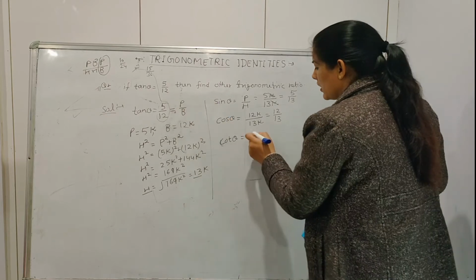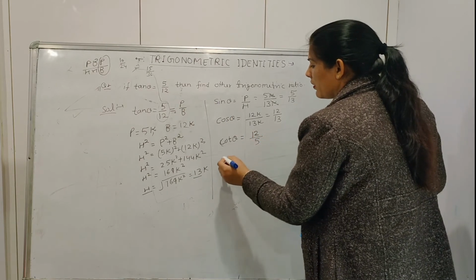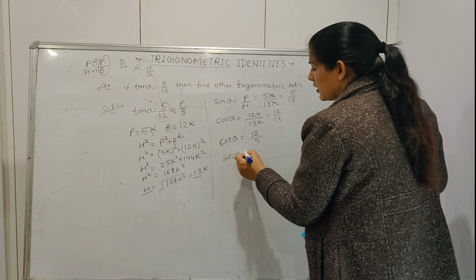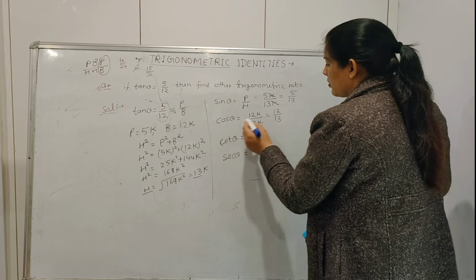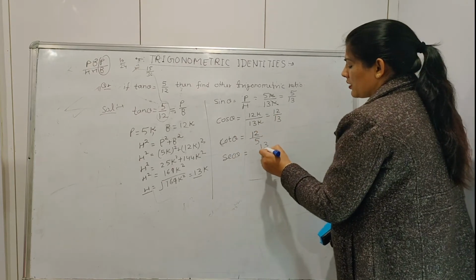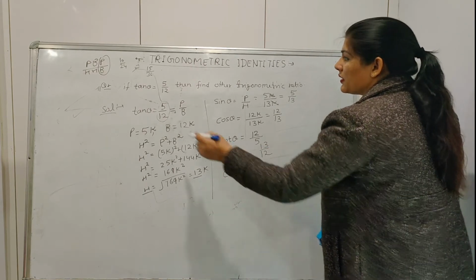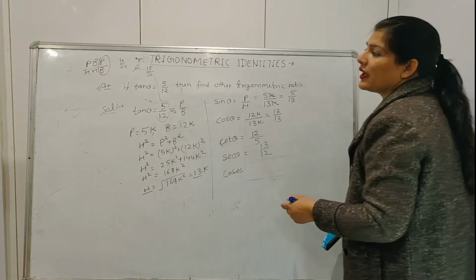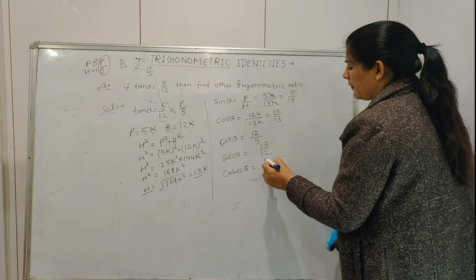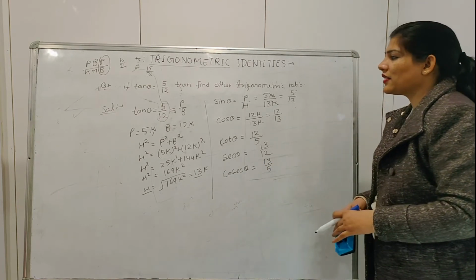So you can write it directly equals to 12 upon 5. Then you have to find sec theta. Sec theta is reciprocal of cos theta, or you can write it as 13k upon 12k. So it is equals to 13 upon 12, and cosec will be the reciprocal of sine, h upon p, which is equals to 13 upon 5. So this is your answer.